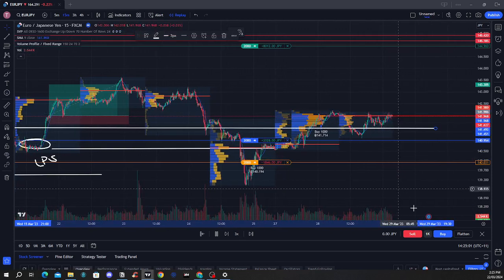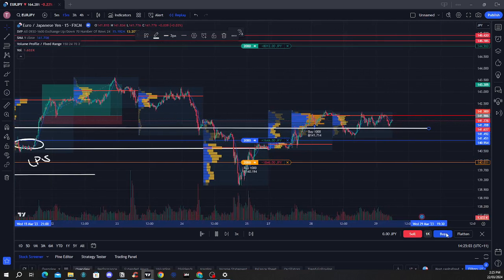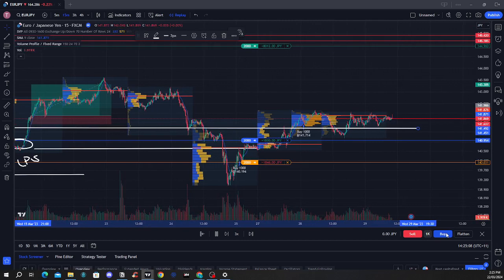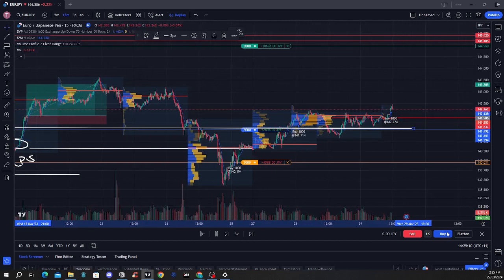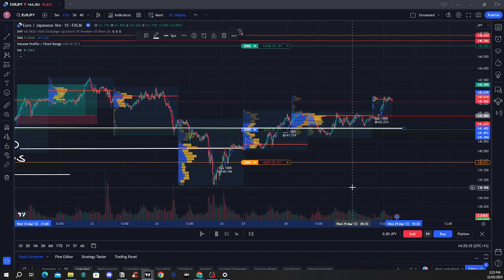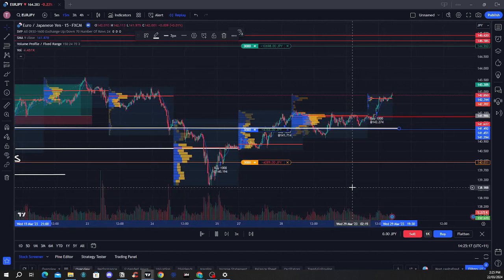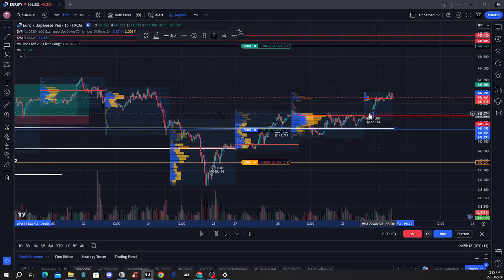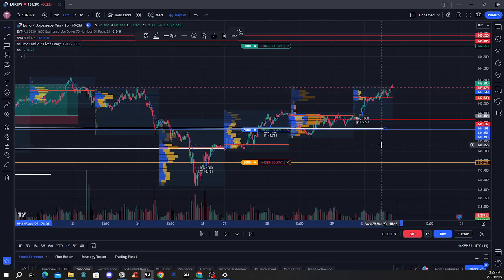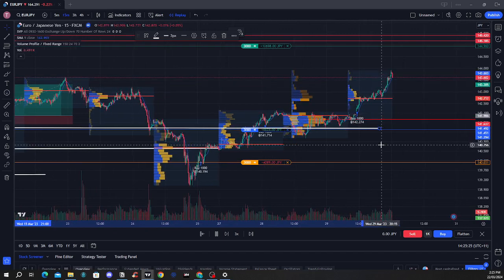Any breakout here is a definite confirmation of another major sign of strength. And there we go, there's a signal. Perfect entry would have been here. Could have considered that a point of no return.